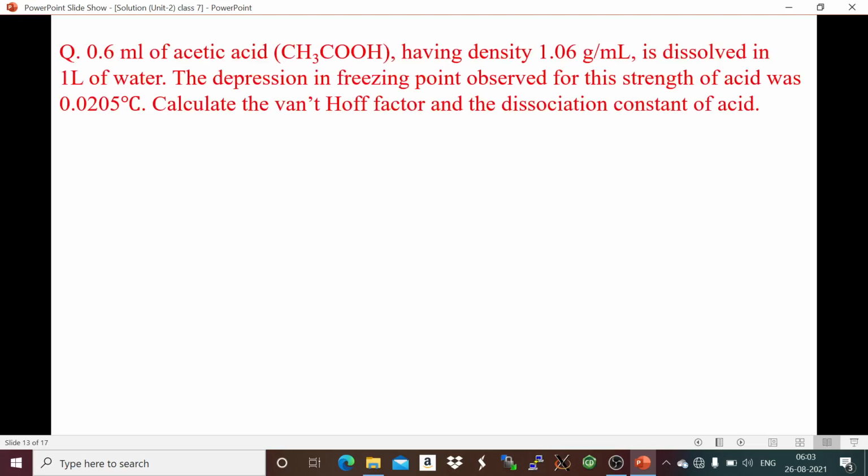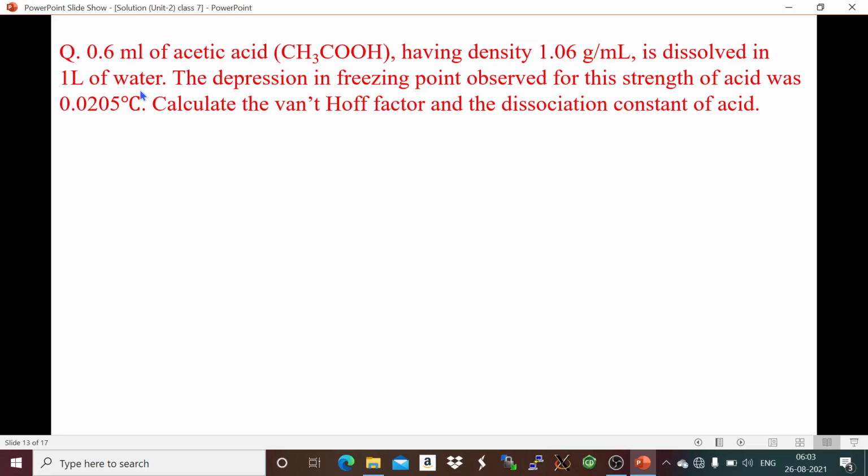So this is association we discussed. Now a numerical where dissociation occurs. Let us consider 0.6 ml of acetic acid having density, dissolved in 1 liter of water.